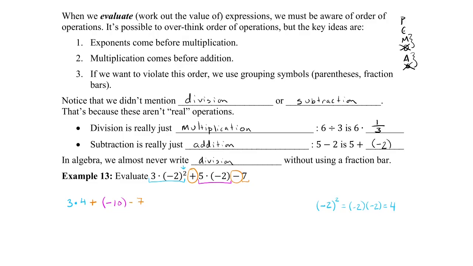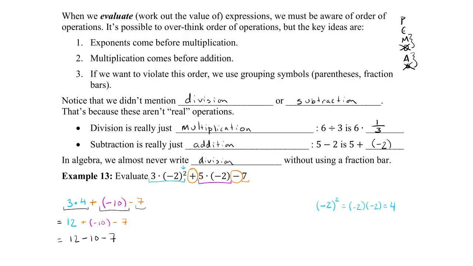Now again, we have 3 pieces: a 3 times 4, a -10, and a 7. The only one of those that still has any arithmetic to do is 3 times 4, which is 12. And now we have 12 plus -10 minus 7. Plus a negative is the same as subtraction. So we'll say this is 12 minus 10 minus 7.